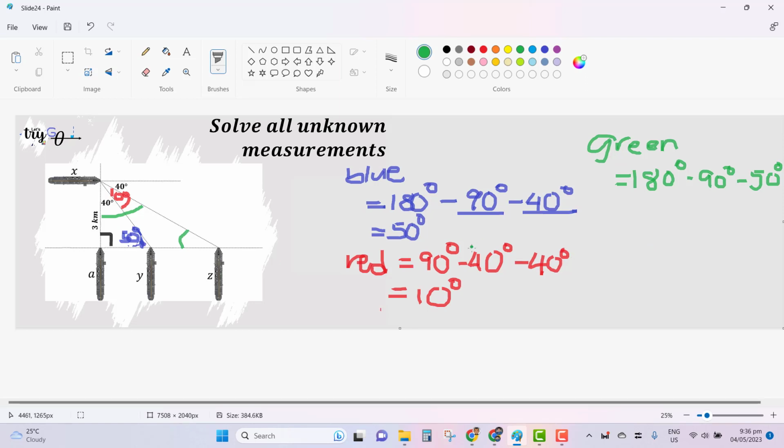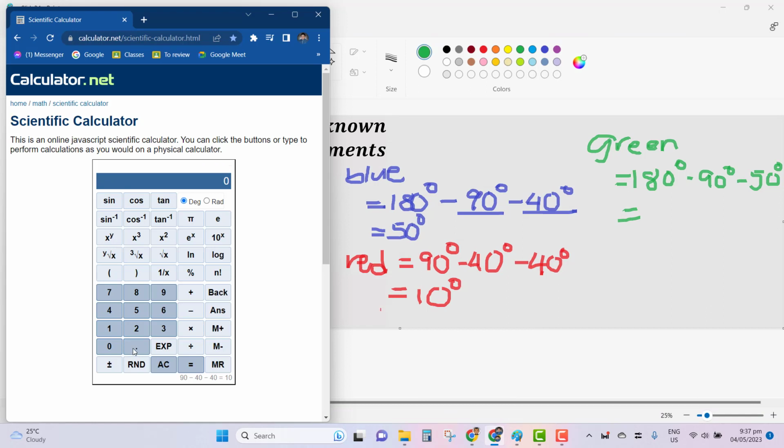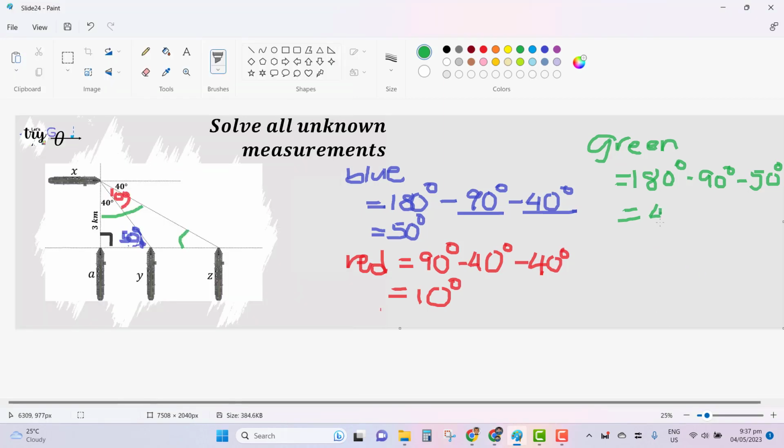The measurement of the green colored angle, if you would like to be really sure, is 180 minus 90 minus 50, but of course you could always predict it to be already 40 degrees. So these are the angles first that we would like to use to complete our given figure.